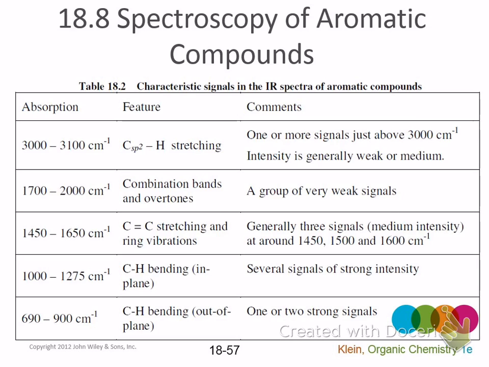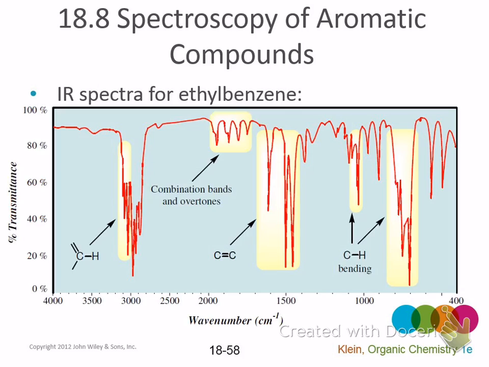Out of plane is like when you do twists, or flap your wings. If this is the plane, these are the movements. These are examples of the CH bendings. If you don't know you have benzene, you look for a combination of these peaks and try to build a case that there's a benzene ring in the structure.